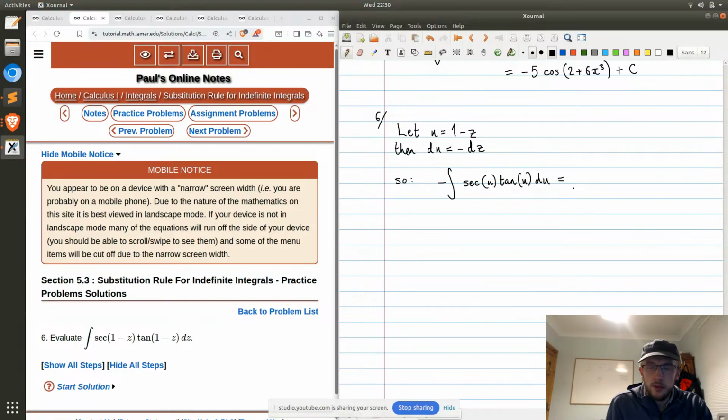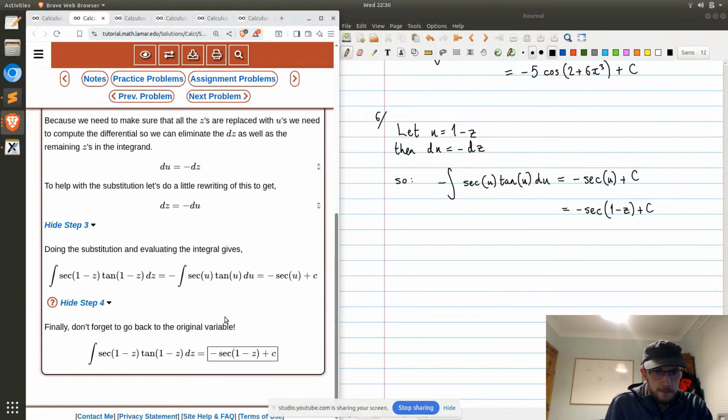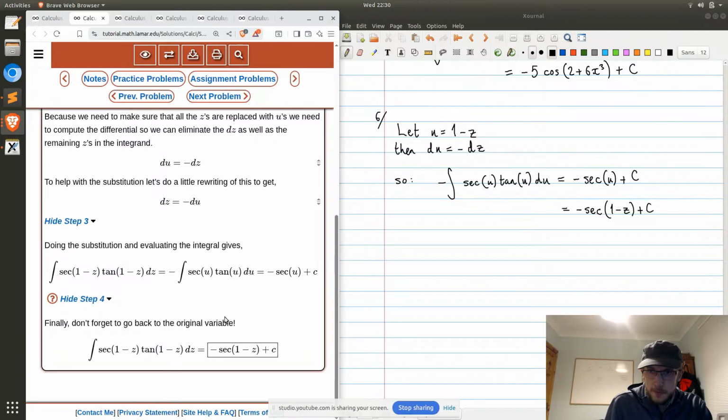And we know that the integral of sec u tan u is sec u, just there like that, and then replacing the original, we obtain that. Yep, that's right.